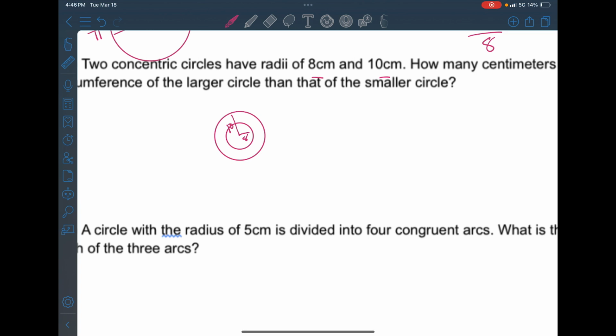Well, let's just find our circumference. Our circumference is 2r pi, or 2 pi r, same thing. So the first one, the smaller one, is 2 times 8 pi. And so we would get 16 pi. And the other one is 2 times 10, so 20 pi.